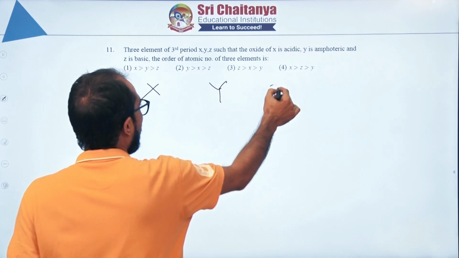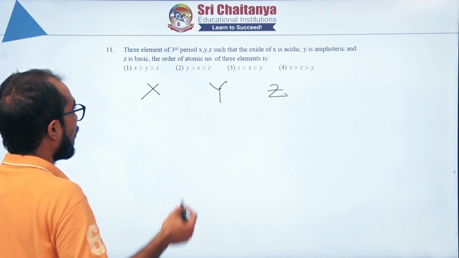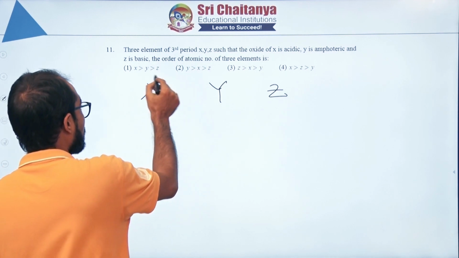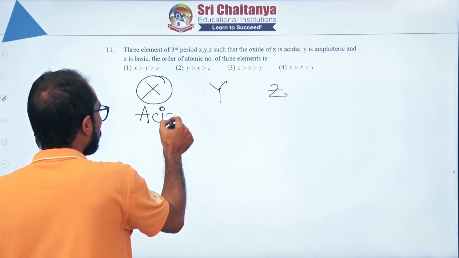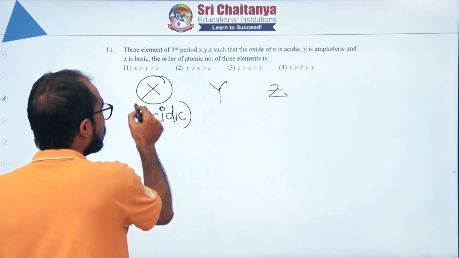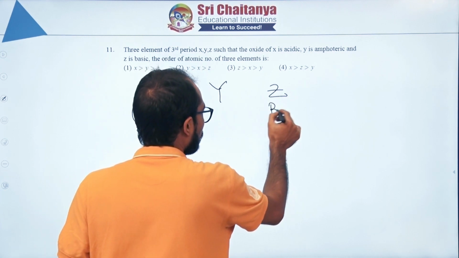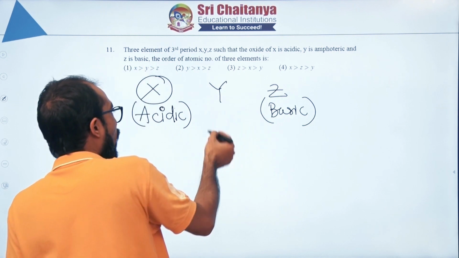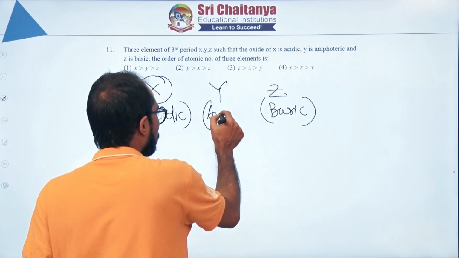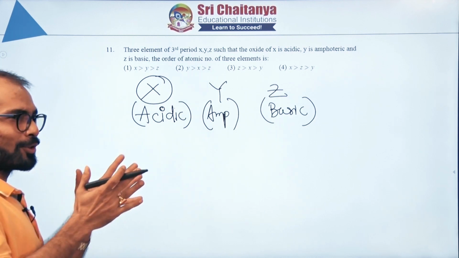X, Y and Z, such that the oxide of X is acidic, the oxide of Z is basic, and the oxide of Y is amphoteric. So, from this knowledge, where should the elements be located?